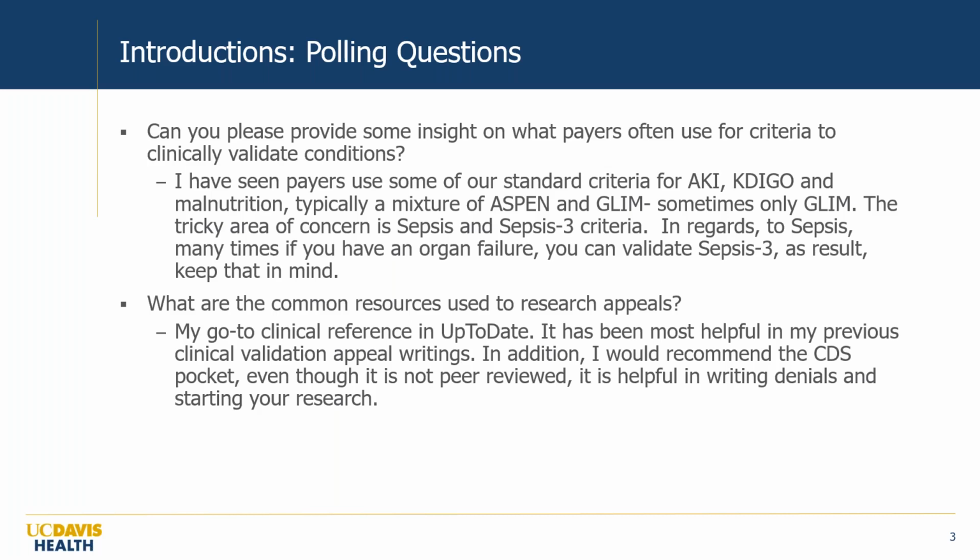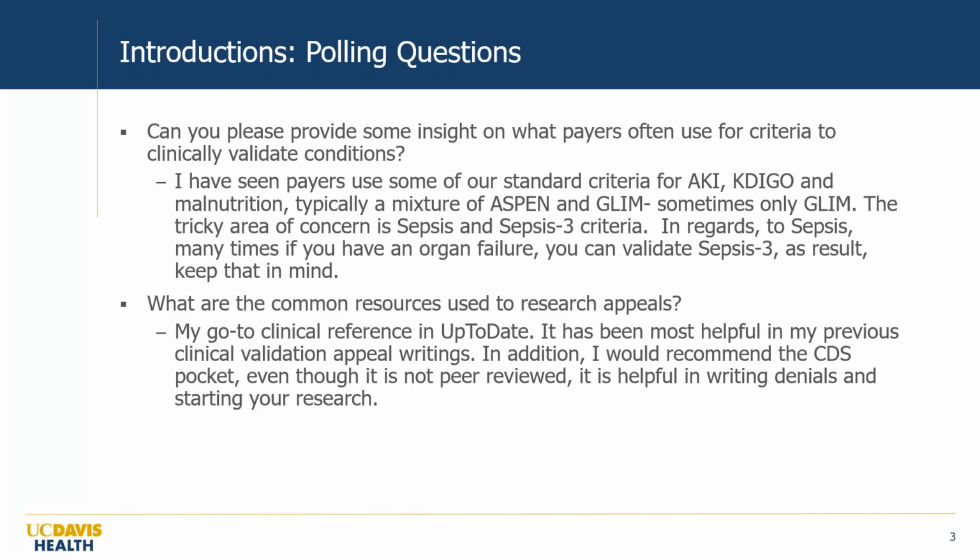In addition, for sepsis, they use the Sepsis-3 clinical definition more than the traditional Sepsis-2. That's where we run into a challenge, because most institutions are still using the Sepsis-2 definition. But we always need to keep in mind that even though you're still using Sepsis-2, Sepsis-3 really hones in on that organ failure component.